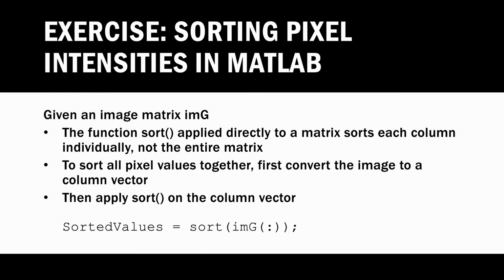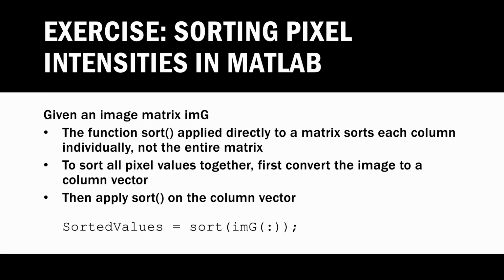In order to find the pixel intensity at the bottom 0.5% and the top 0.5%, we first need to sort all pixel values in the image. In MATLAB, the function called sort can be used to arrange values in order. But there is one important detail. When sort is applied directly to a two-dimensional image matrix, it sorts each column individually, not the entire matrix.